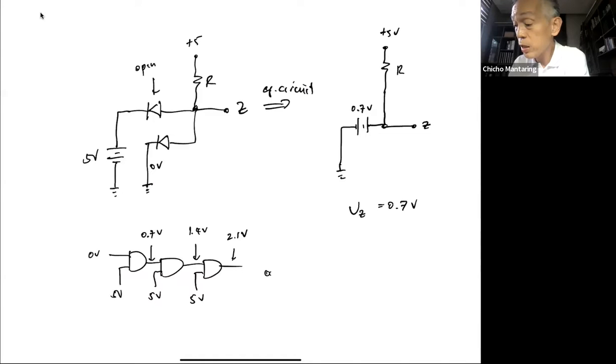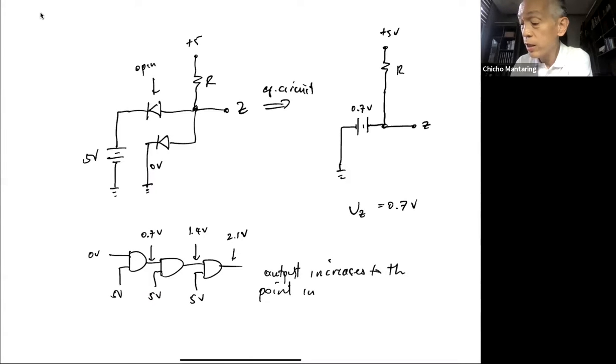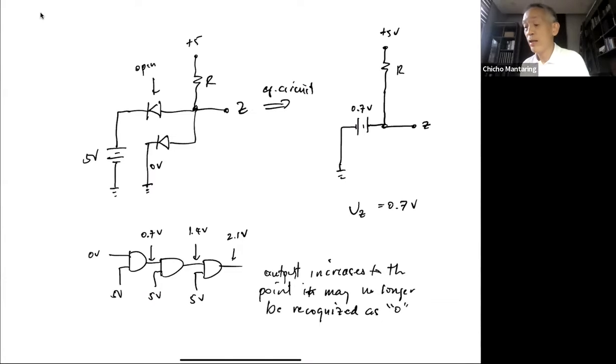So the output increases to the point where it may no longer be recognized as a zero, because it keeps getting larger. Okay, so that is the problem with diode logic.